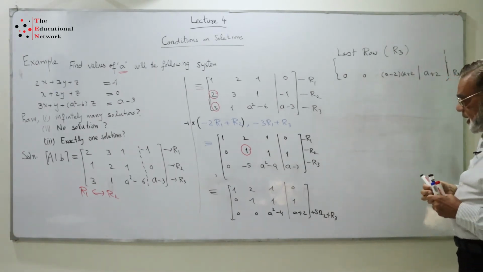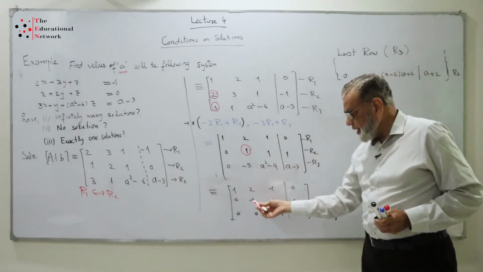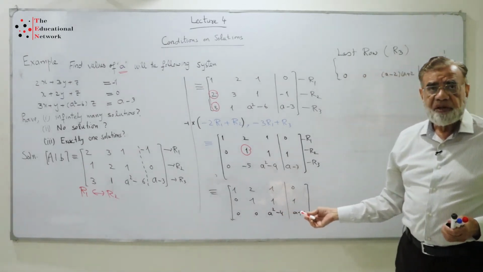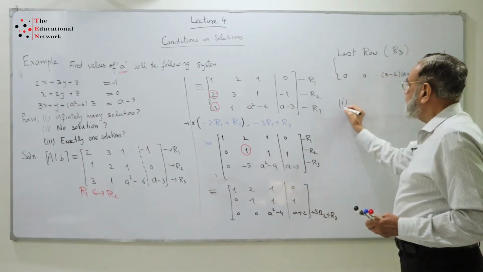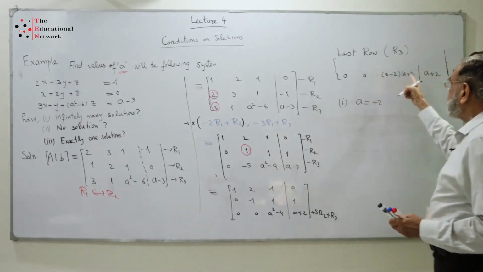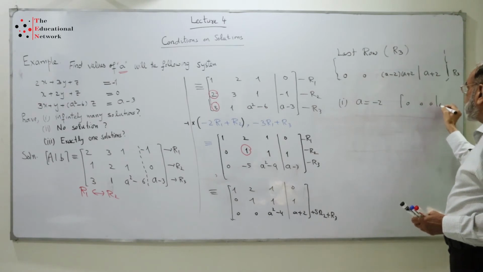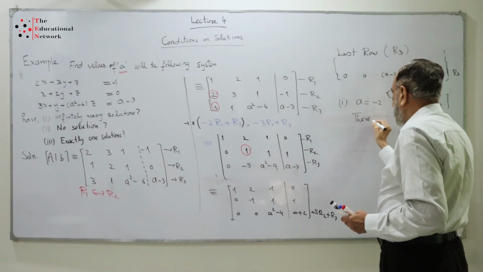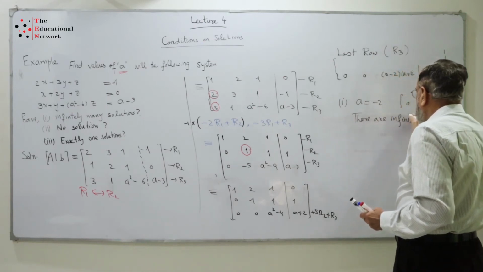There are two leading entries, and one entry will be free, so there will be many solutions. When both of these are 0, that is when a is equal to 2 or a is equal to -2, we get 0, 0, 0 and 0. So we say there are infinitely many solutions.